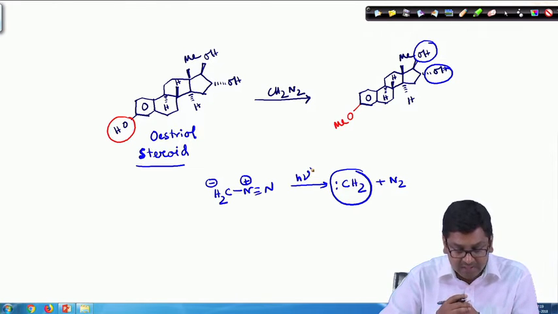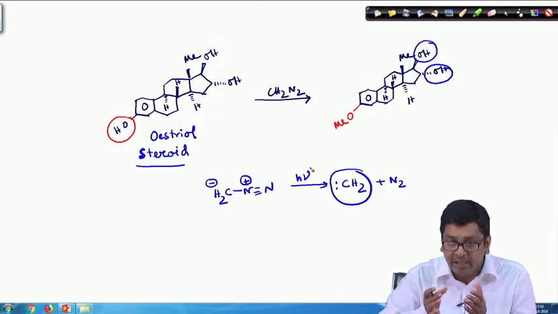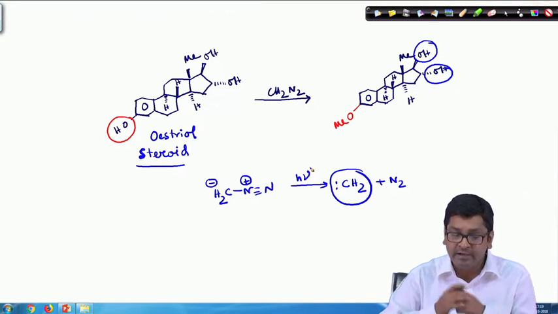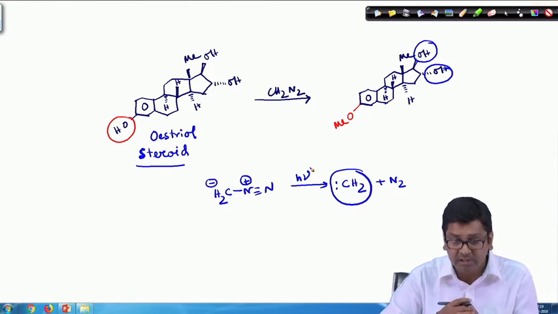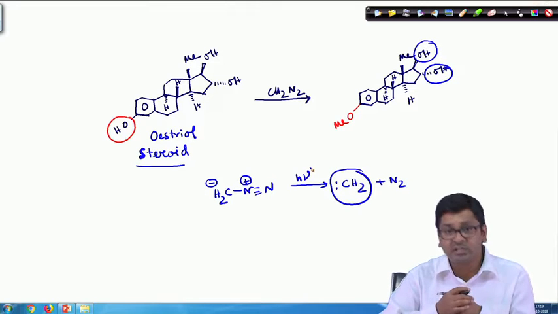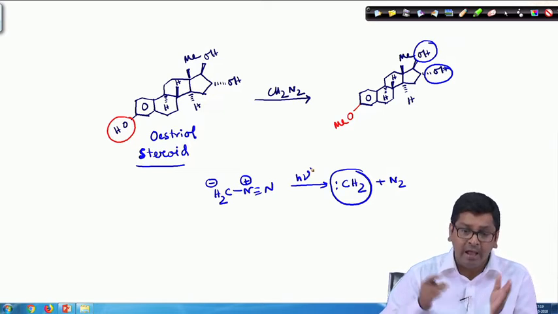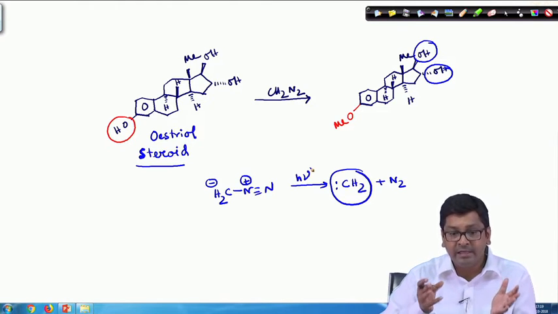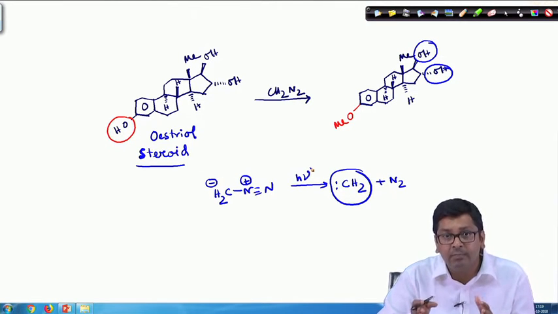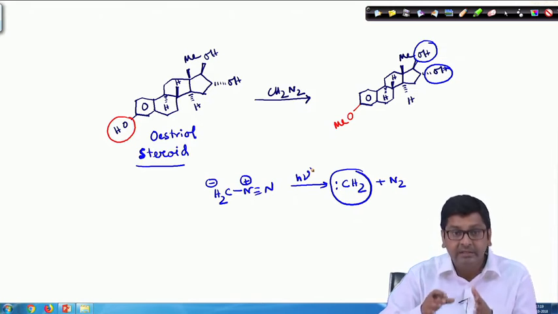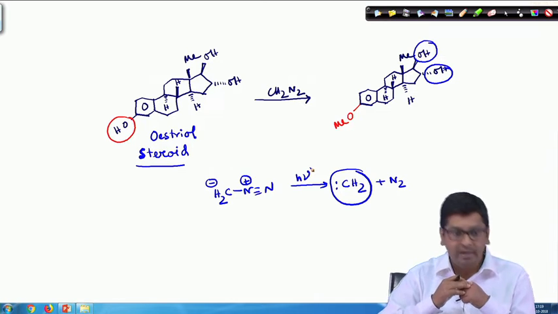For example, this compound is extremely toxic and can be a potential explosive, and the reactions have to be carried out very carefully with extreme caution. So, there are many limitations. Another is that you always have to keep it in a solution, as its boiling point is pretty low. These limitations made the use of diazomethane as a carbene precursor quite limited.